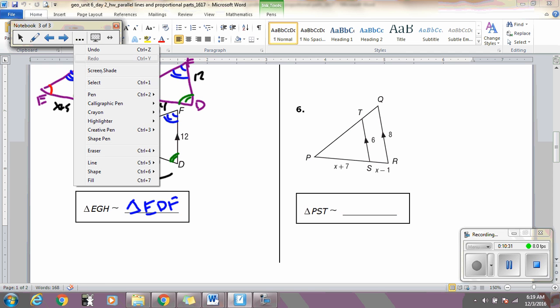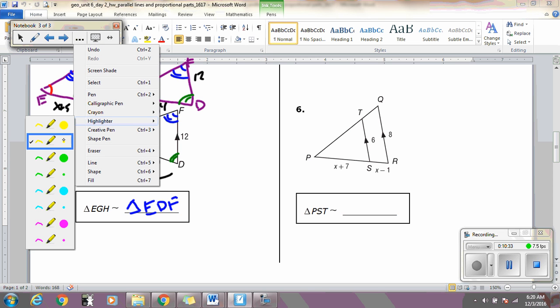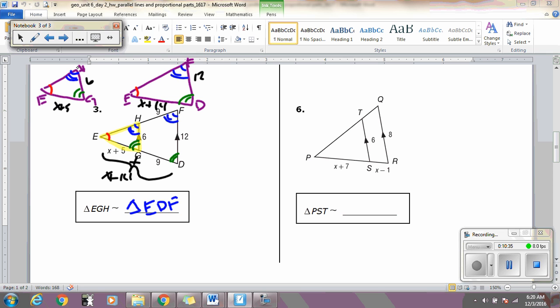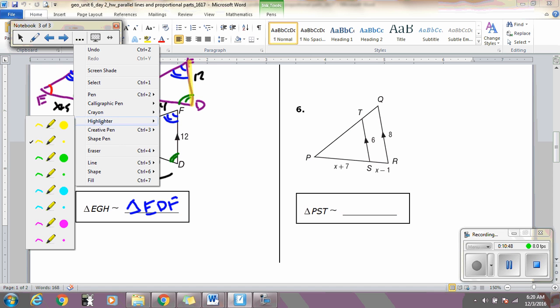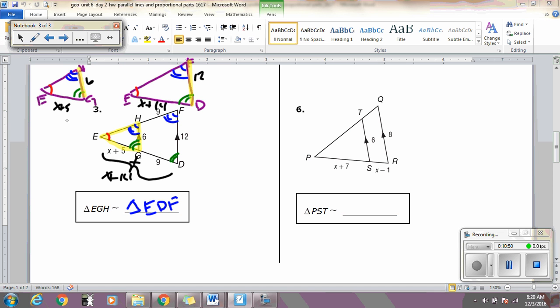And now you should clearly see which sides correspond, but if you don't, I'll highlight them. So HG is like FD because they both have the same angles nearby. And then EG is like ED.